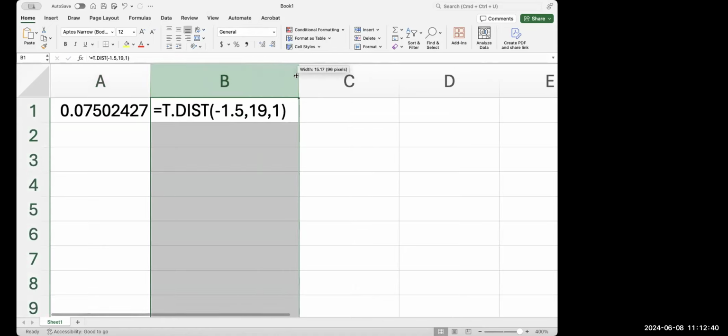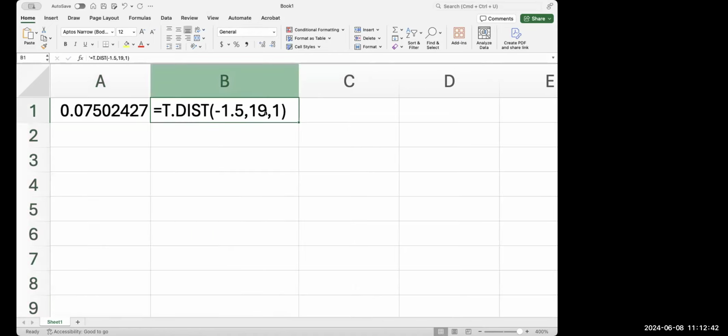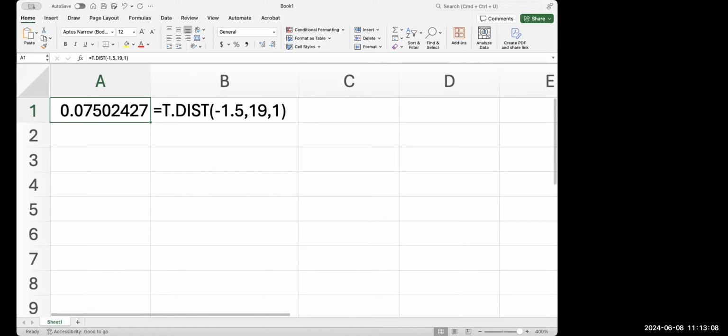And I wrote the negative because Excel works always with the left side, the left tail. But I want the right tail. I want to know the upper tail. So I'm just going to use the idea of symmetry and put negative 1.5, and that will give me the answer between 5 and 10%. You see? So you guys don't have to use Excel. I'm just showing you there's an option there. Do you want to play with that? The table should be fine.